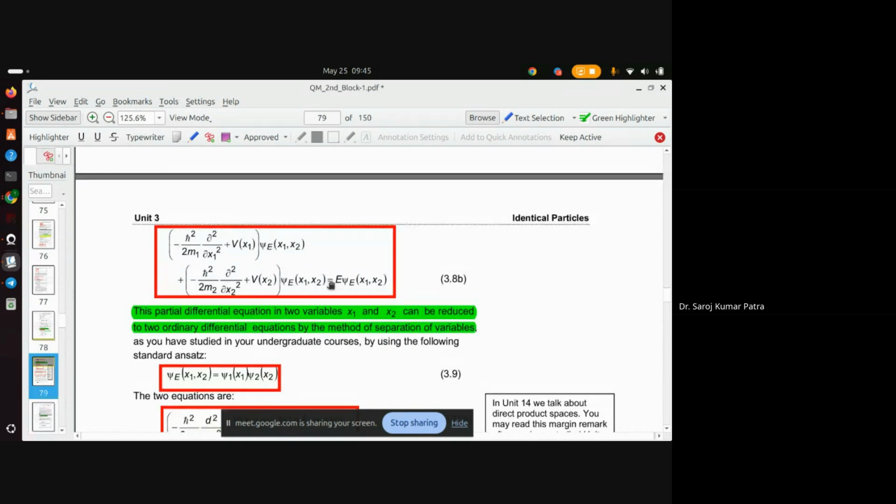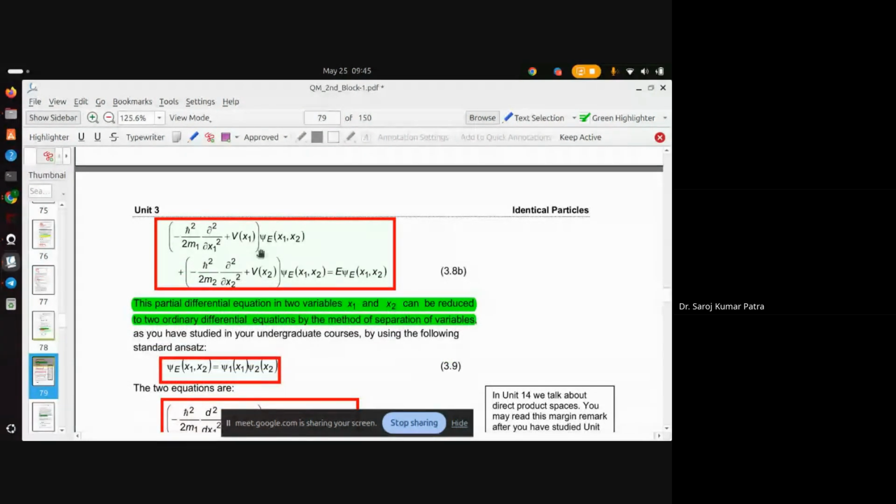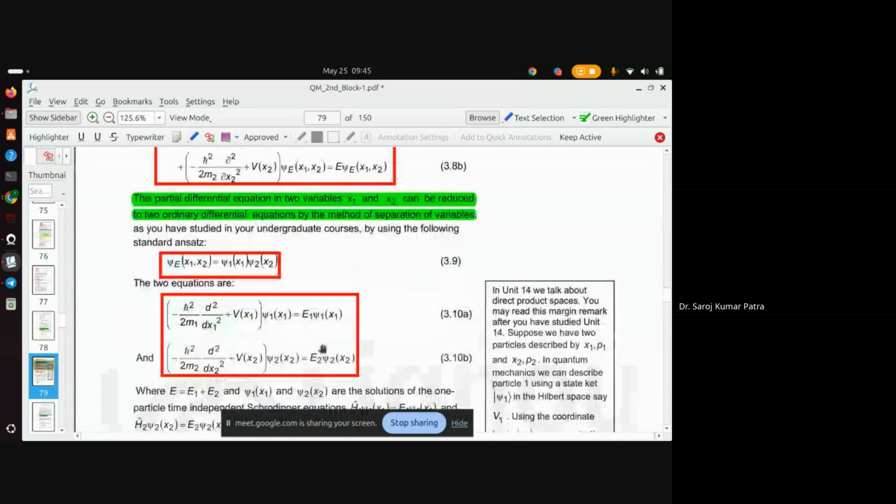At this point, I can only say that if your equation is written like this, where this is one variable operating on a function containing both x1 and x2, and this is another variable operating on the function which again contains x1, x2, then we can write psi(x1, x2) as psi1(x1) into psi2(x2), where psi1 explicitly depends on x1 and psi2 explicitly depends on x2.